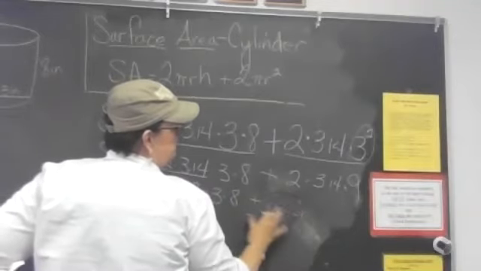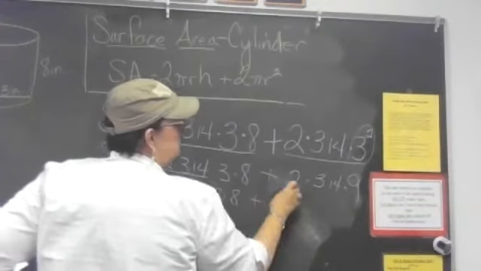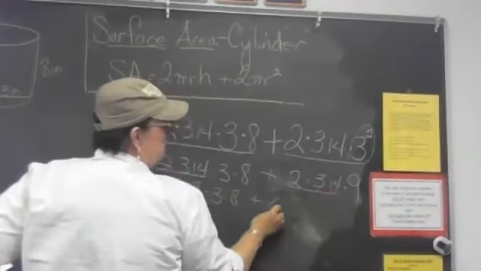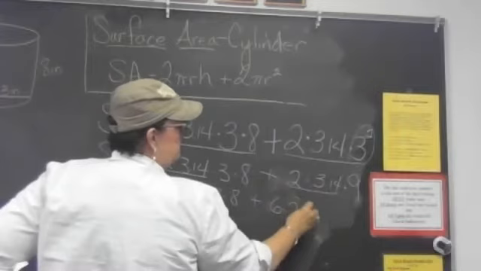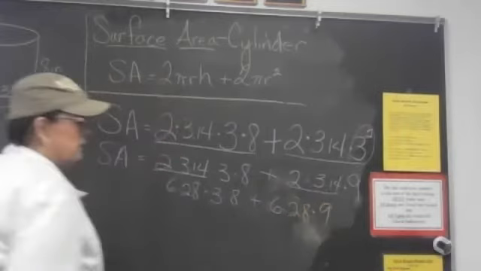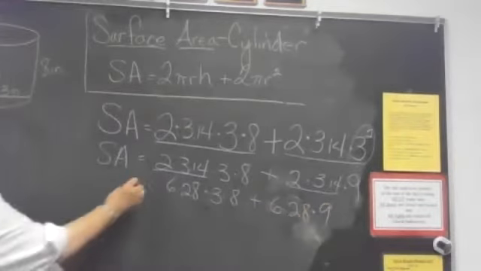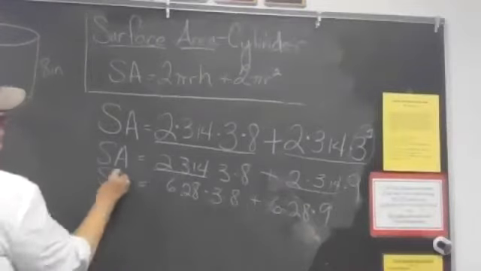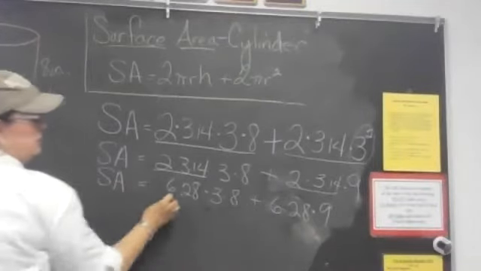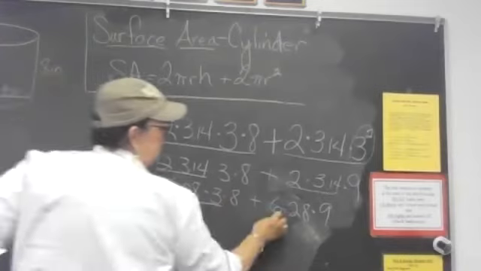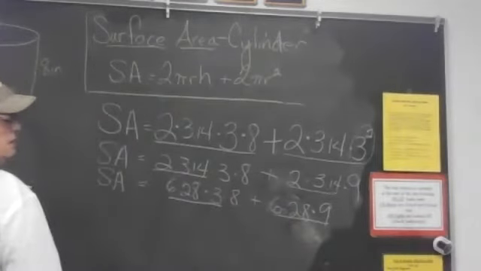Let's do that one too. 6.28 times 9. Okay? And then the next thing, if we're using our order of operations in order, then we do this and this one. Okay?